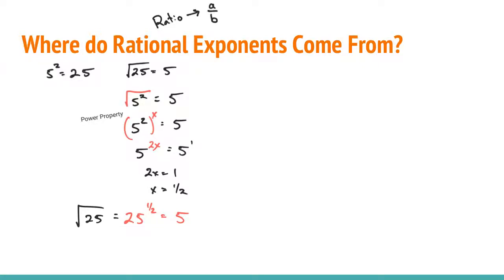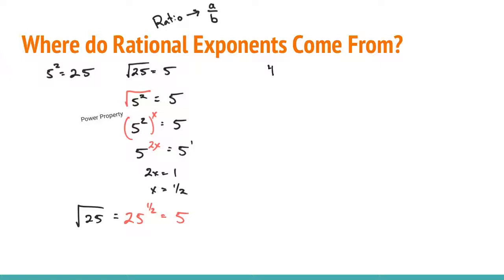This is a simple example of where our rational exponents come from. Remember, a rational exponent is something where it's a over b, and here we have 1 over 2 for 25 to the 1/2. And so radicals, or square roots, or any sort of root, could be written as a rational exponent instead.